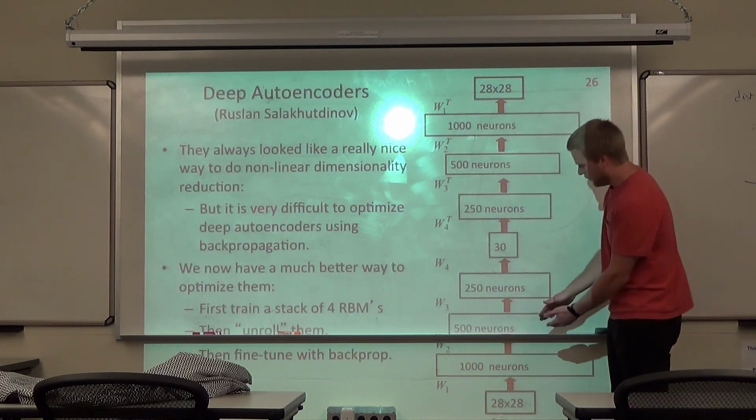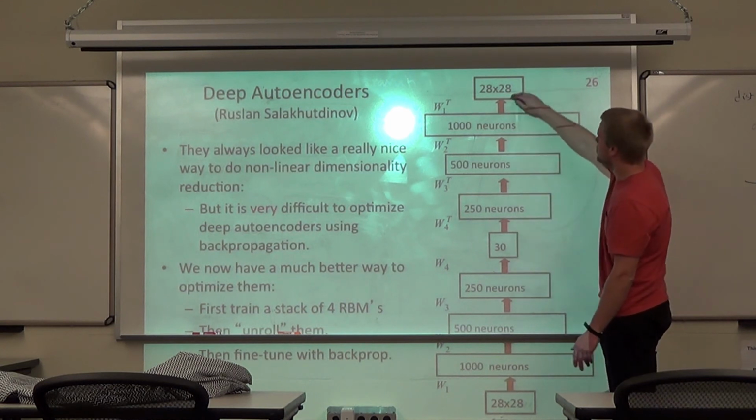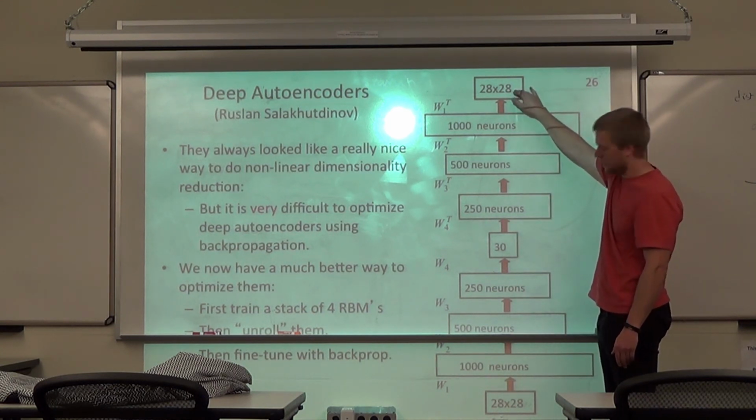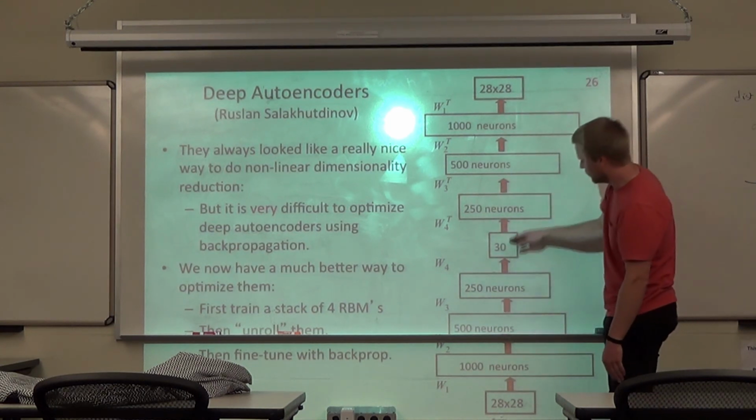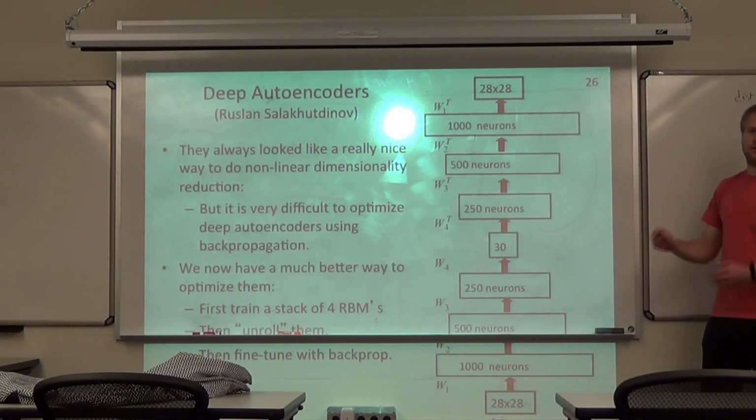If you were to feed the data all the way up to here, it would be basically the same thing as feeding up to here and then propagating it back down. Does that make sense? Because you're using the same signaling functions with the same weights.